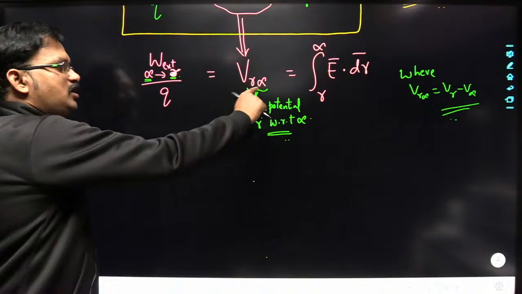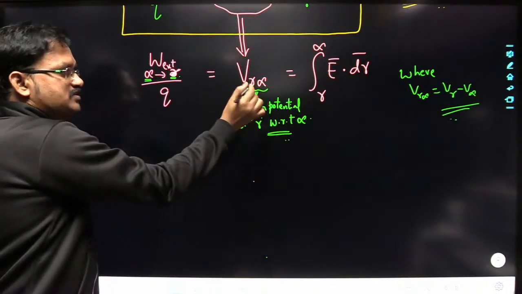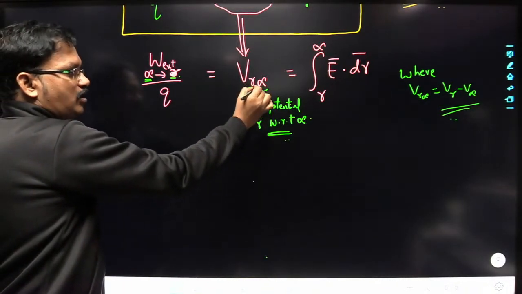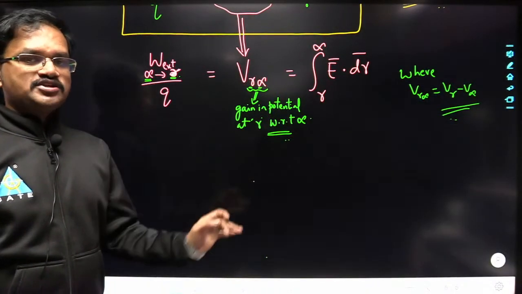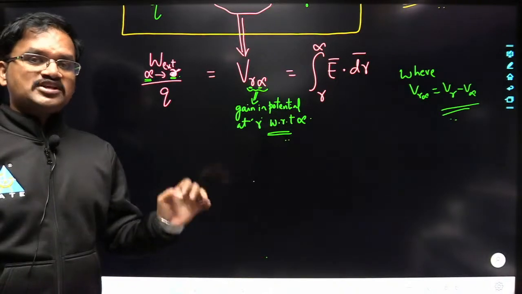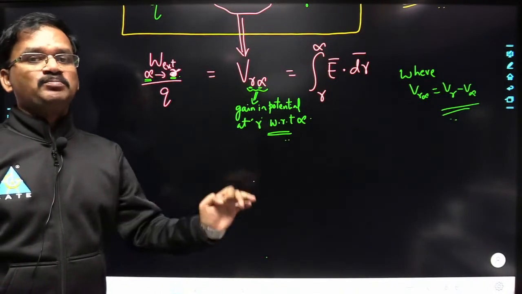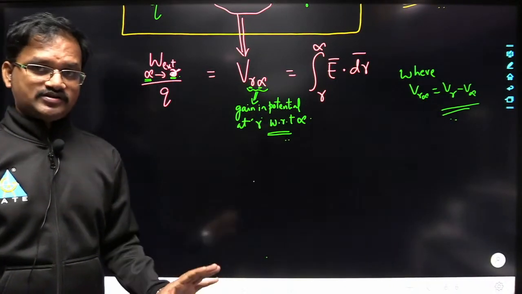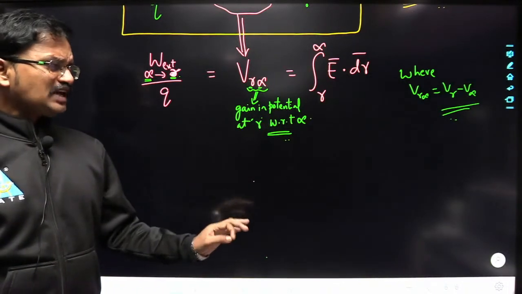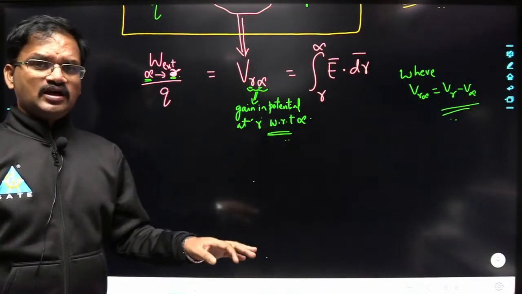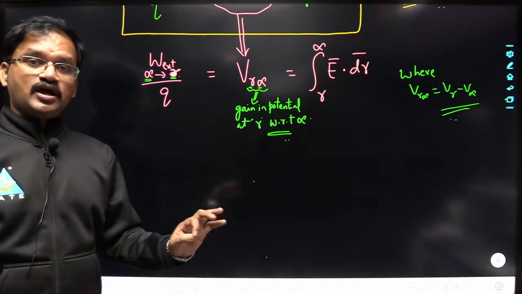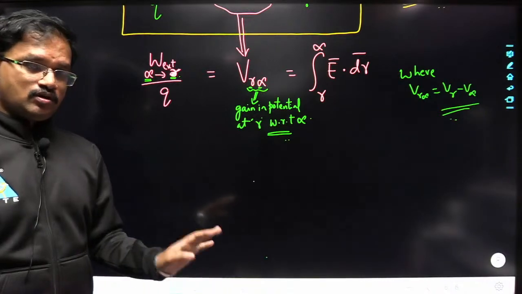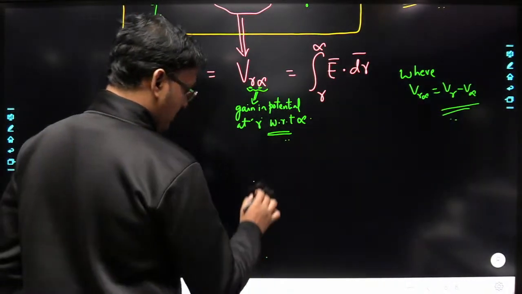V_r∞ represents the gain in potential at r with respect to infinity. Always remember, potential and potential energy must be defined with respect to some reference. Without any reference, we cannot define potential energy and potential. Keep that point in mind here.